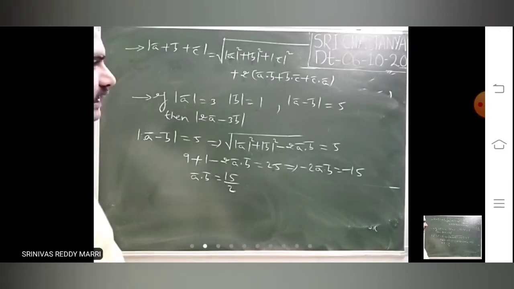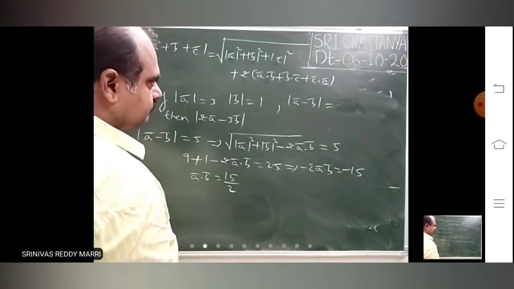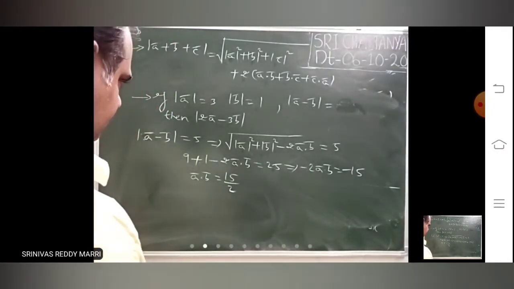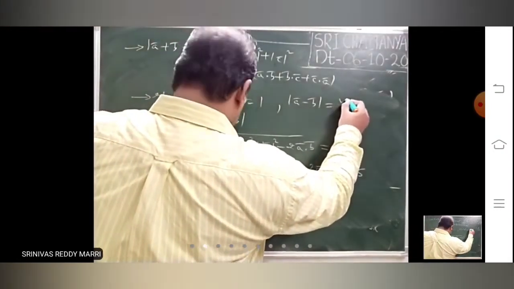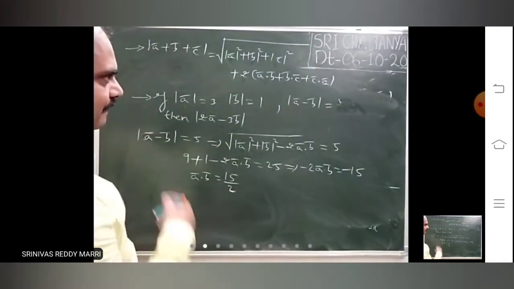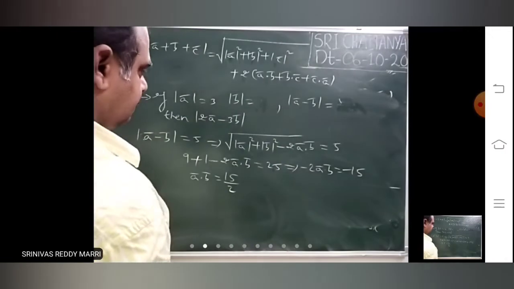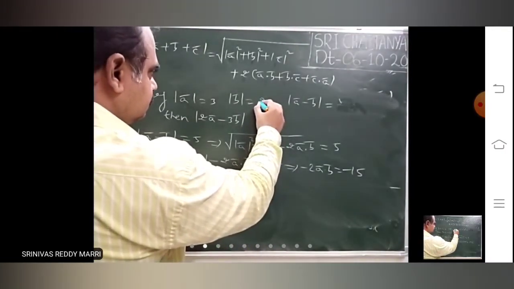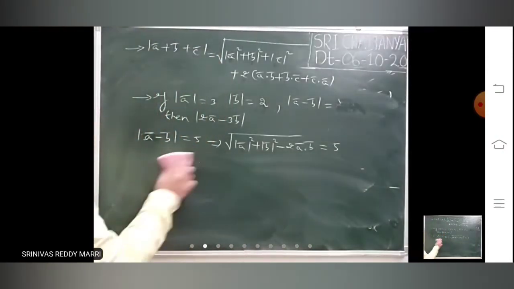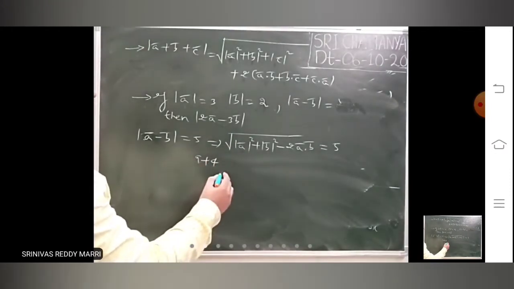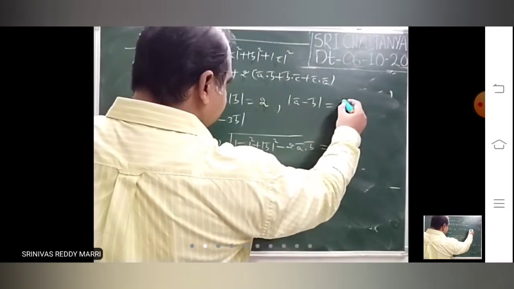Wait. Take this 2. Take the 2. That means 9 plus 4 minus 2 into A dot B, A dot B equal to 5.